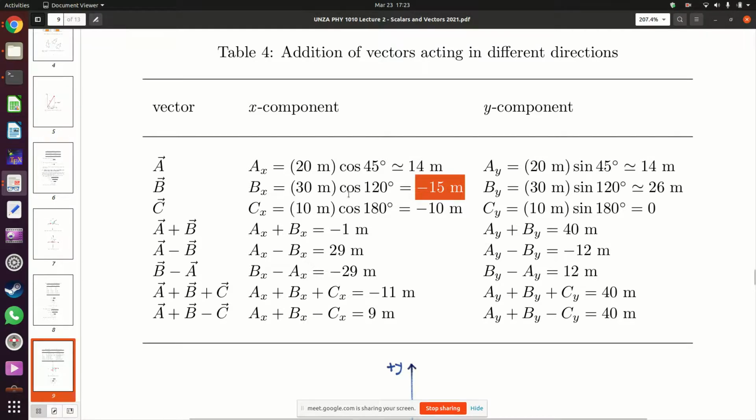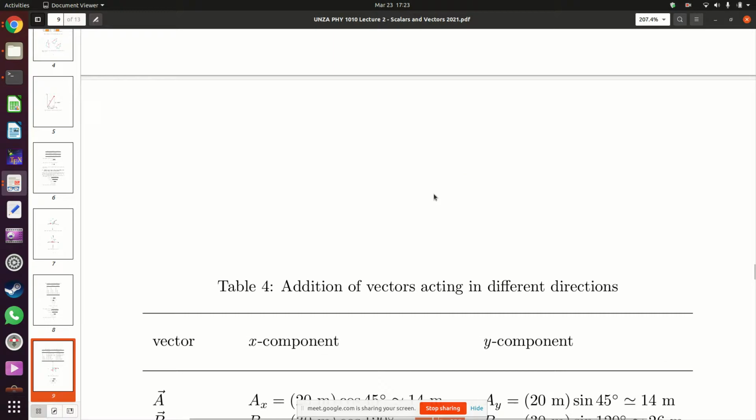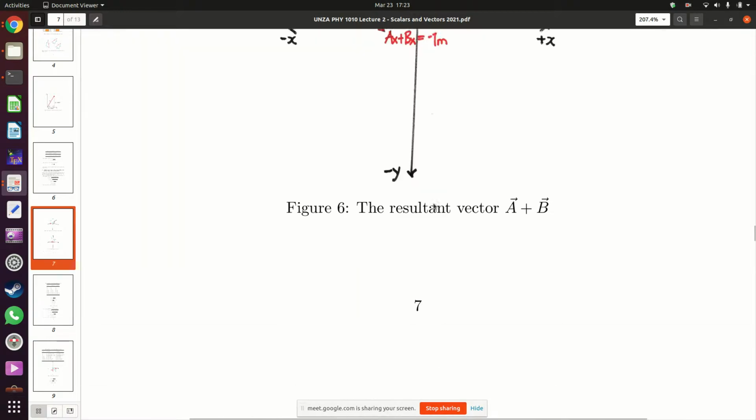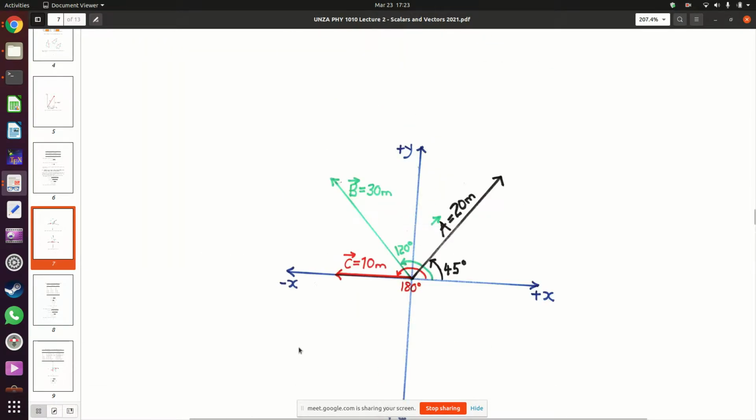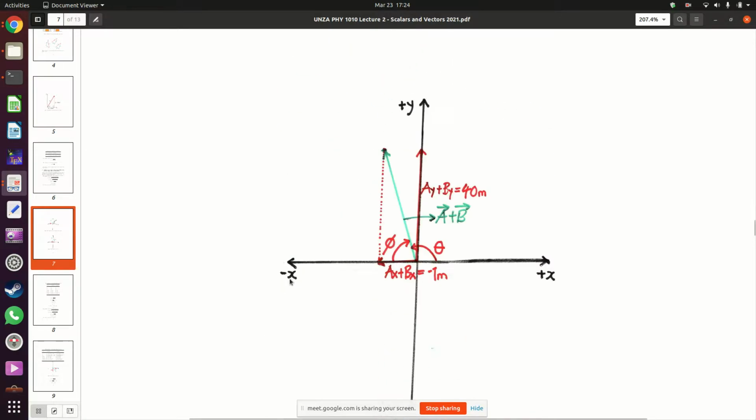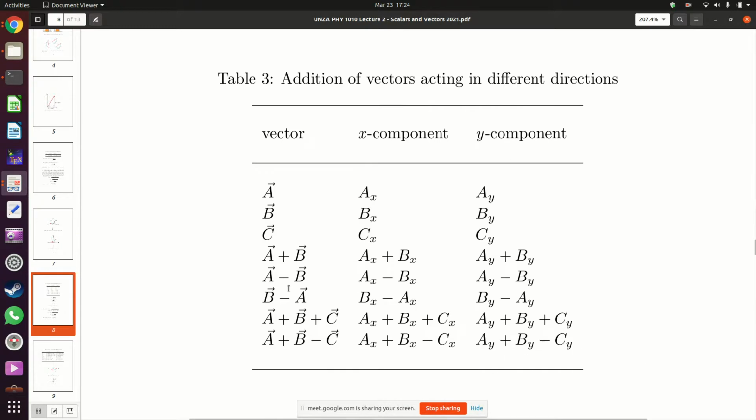So this Bx actually points in the negative part. It points this side, this negative part. So it lies along this line, this end for Bx. So in the x direction, the component of vector B lies along the negative part. That's why you've got that negative sign there. Are we clear?